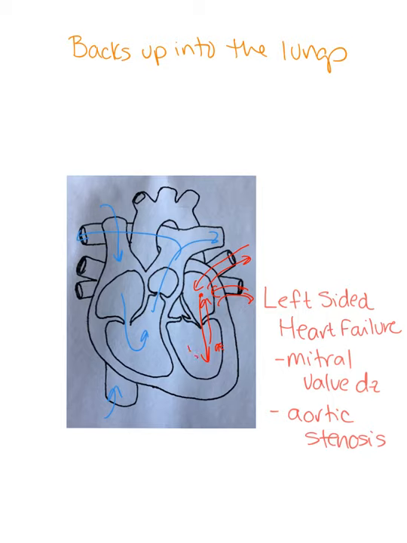We can also have decreased blood flow coming up through the aortic valve, and we can have decreased blood flow going out to the body. So not quite enough oxygenated blood in the body, too much oxygenated blood in the lungs. Not a good setup for generalized health.